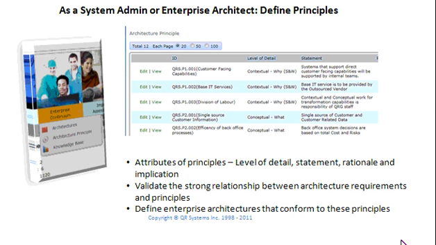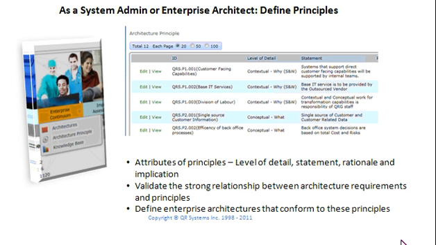Before we start to define common architectures in the repository in the Continuum, we had to define the setup principles. What you will see in this module are principles previously defined by QRS, and now we have created these principles. Their attributes include level of detail, statement, rationale, and implications.